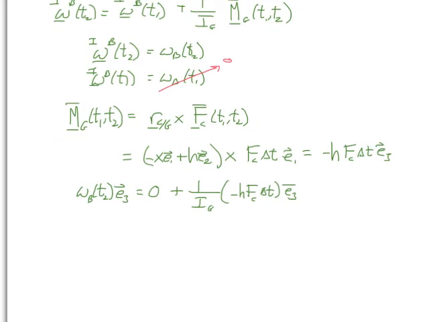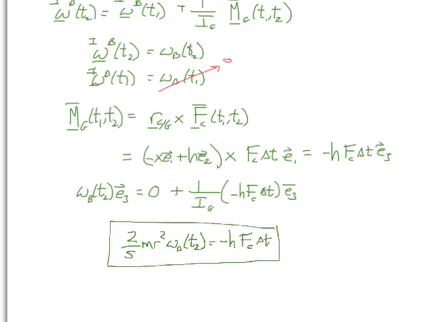And then when we substitute in our moment of inertia, we get 2/5 m r squared multiplied times omega b at time t2 is equal to negative h f sub c delta t. So here's our second scalar equation that came from our impulse momentum relationship that's rotational.